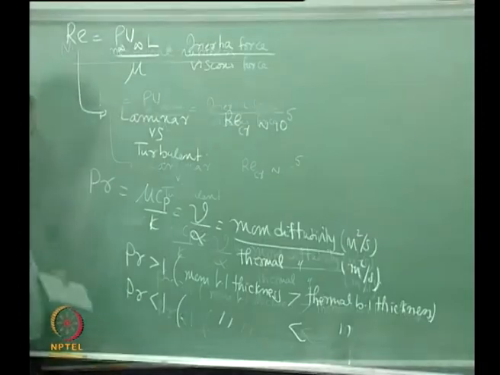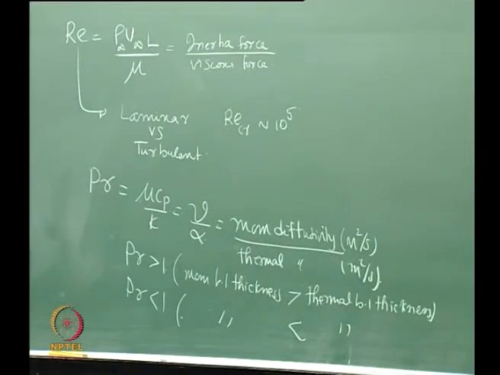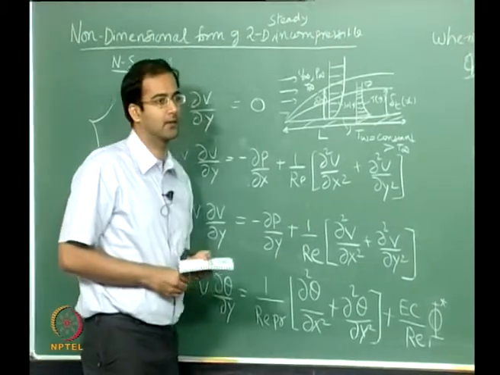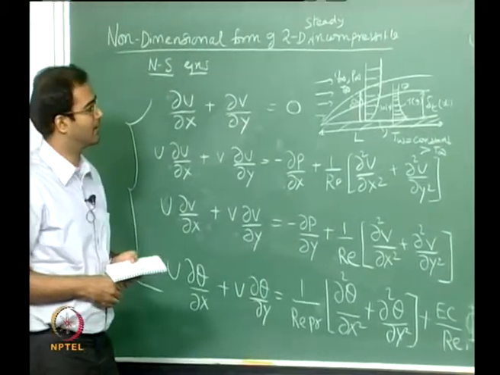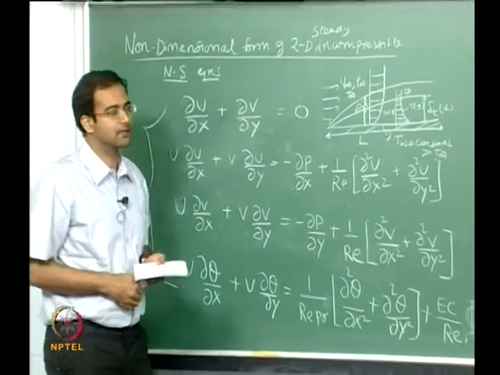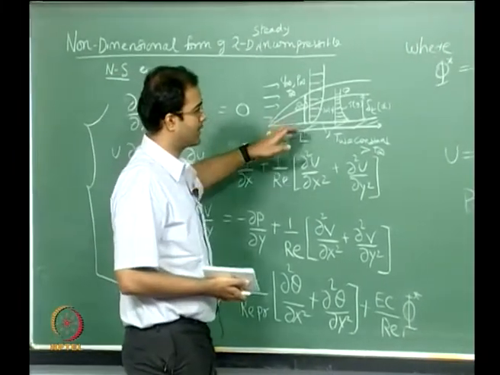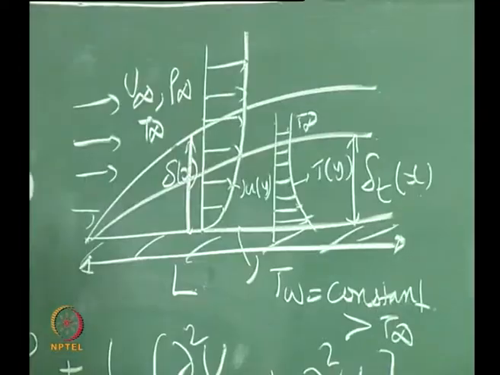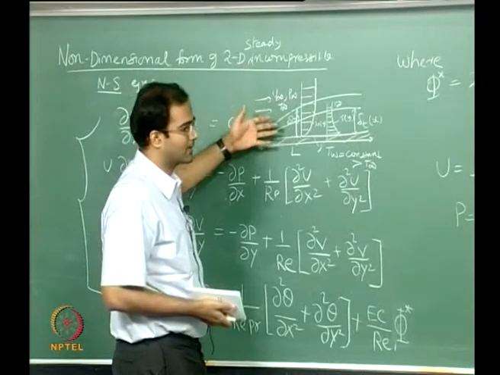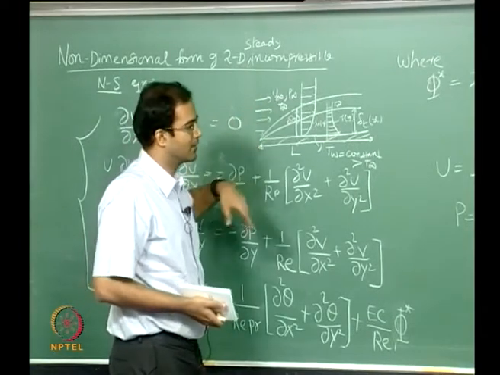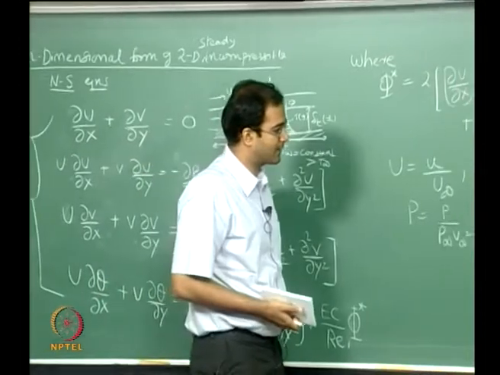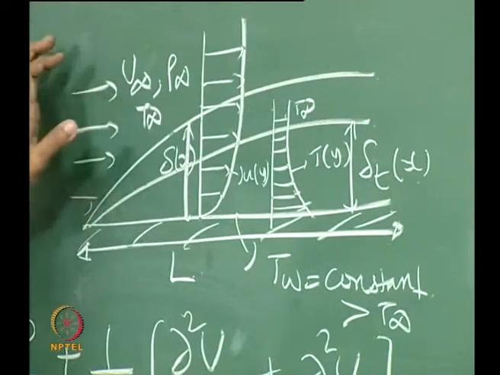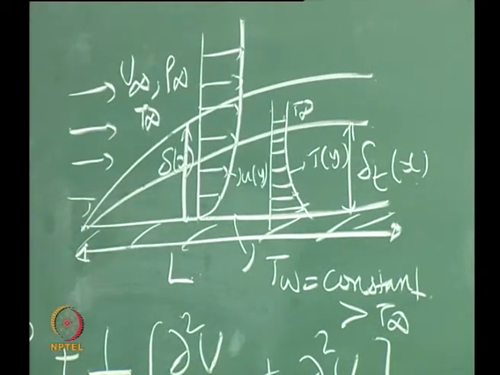So with that you can look at some approximations that you can make when you are solving the incompressible boundary layer equations. Wherever you have a very small Prandtl number approximation, for example when your momentum boundary layer thickness is much smaller, you have to make certain approximations which will simplify your flow. So these are classifications where you can identify how the velocity boundary layer thickness grows with respect to the thermal boundary layer thickness.